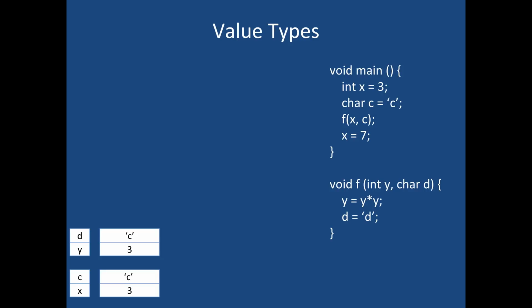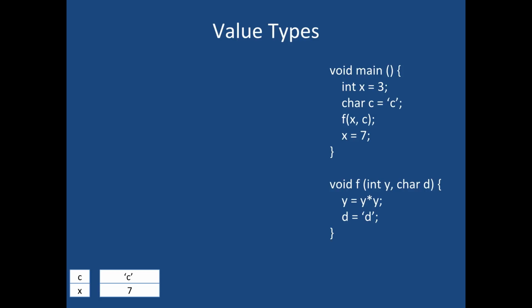So value types imply copying both for assignment and also for parameter passing. Now we change y to y times y, so that y changes to a 9. Then we change d to the letter d. And then the method returns, wiping out the stack frame for f because we're done with it. It had no effect whatsoever on any of the variables in main, which is what we'd expect. And then we change x to 7 and we're done.